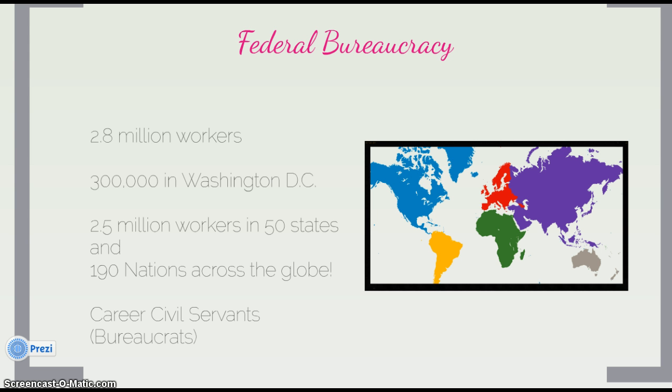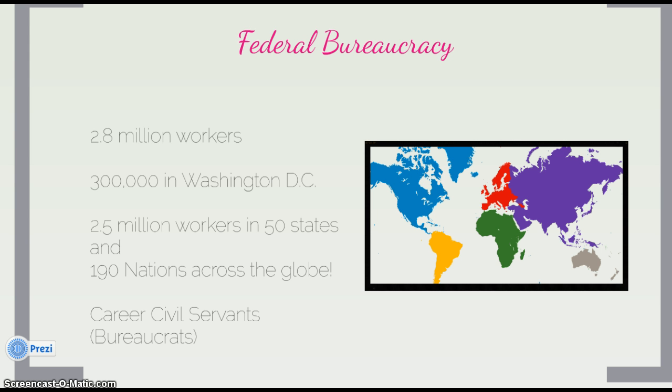And as I've already stated, the top officials and leaders of each of the departments and agencies are all political appointees. That means the president, with the advice and consent of the Senate, appoints them to head up an office or an agency. And if you remember from a previous lecture, there are about 3,400 top officials who are political appointees.